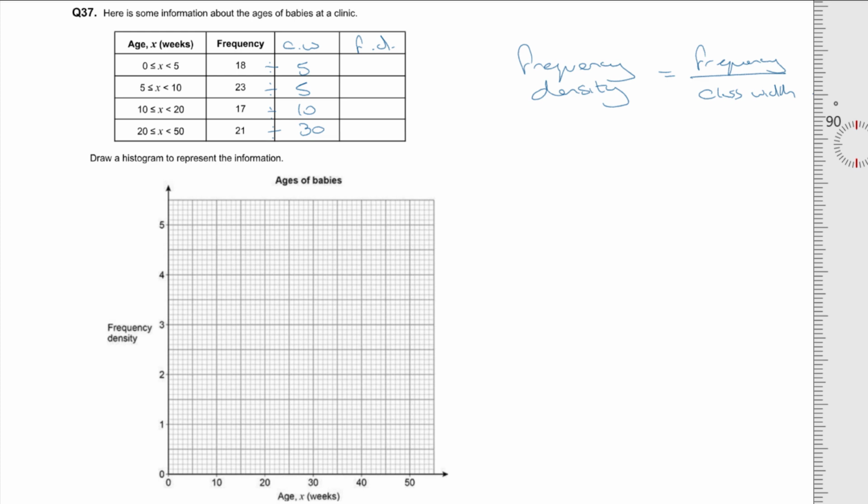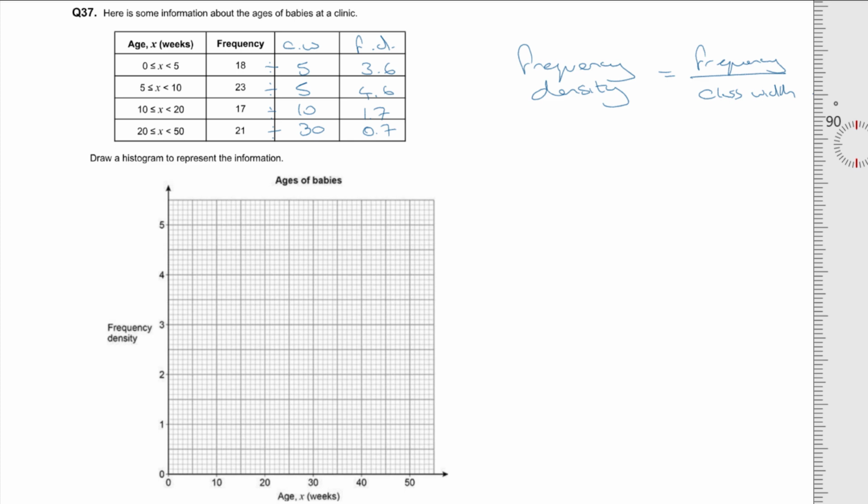Right, so 18 divided by 5, double it and divide by 10 is the easiest way. So 18 times 2 is 36, divided by 10 is 3.6. Same thing with 23, double it is 46, divided by 10 is 4.6. 17 divided by 10, that's pretty easy, it's 1.7. And then 21 divided by 30. Well, divide it by 3 first, it will be 7. Divided by 10, it will be 0.7. Okay, so they're my frequency densities.